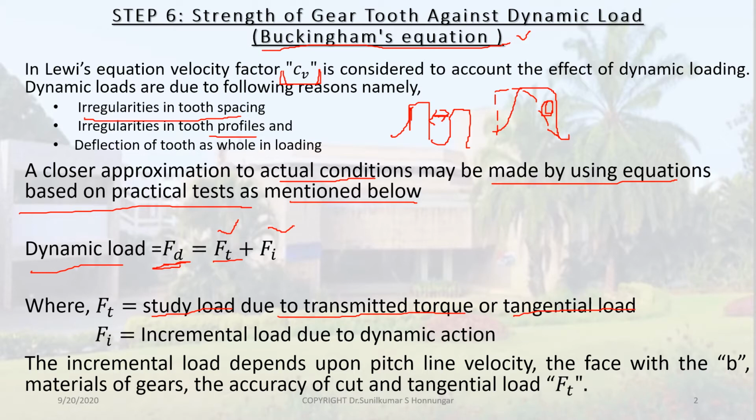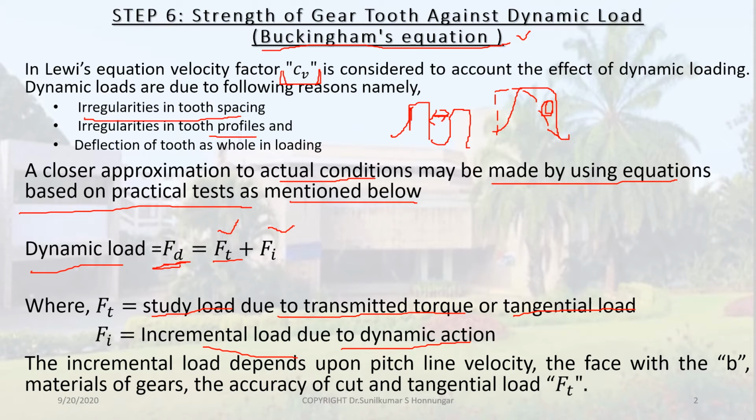Then what is FI? FI is the incremental load due to dynamic action. In the subsequent slides I will show how it varies. Please note down, FD is the summation of FT plus FI, where FI is the incremental dynamic load, which may change after every cycle of rotation of the gear.